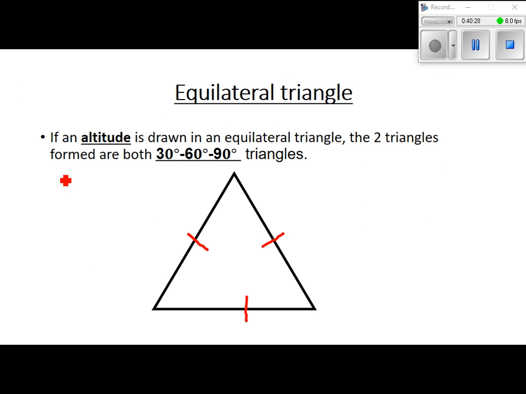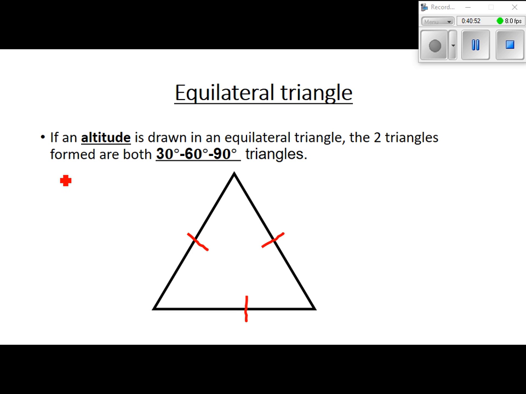An equilateral triangle. Give you a second to write down what you need to write down here. What's an altitude again?